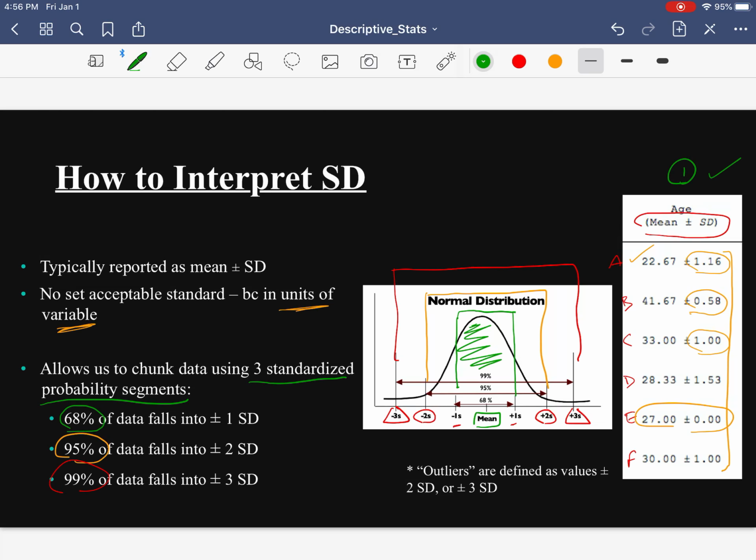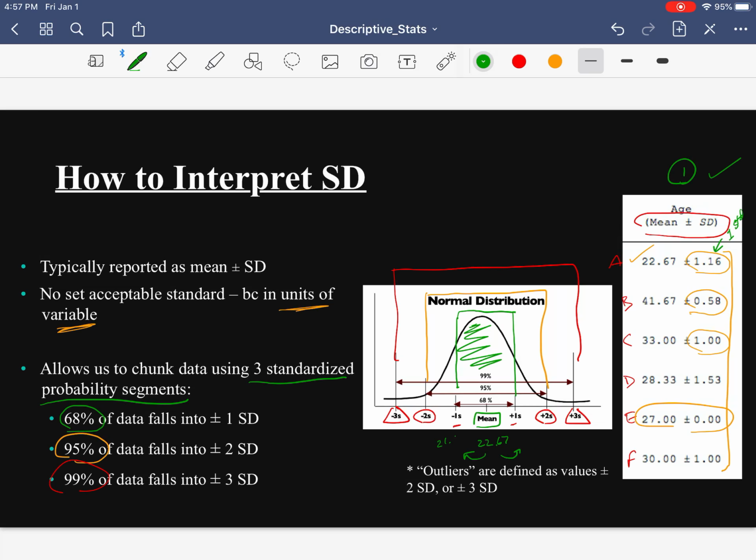Group A, the mean age was 22.67 years, plus or minus 1.16 years. And what this is representing is 1 standard deviation. So if I were to map this out, as we will later, I would put my mean, 22.67, and then plus or minus 1 standard deviation would be 22.67 minus 1.16.